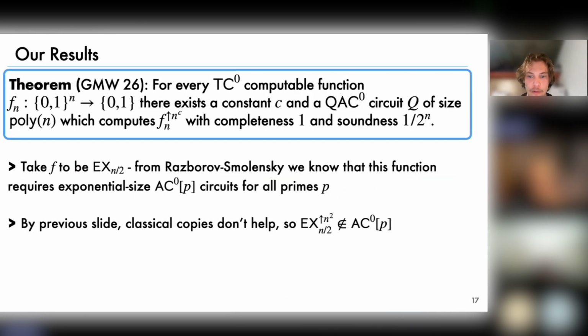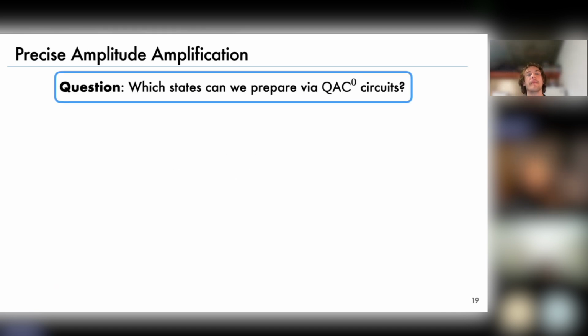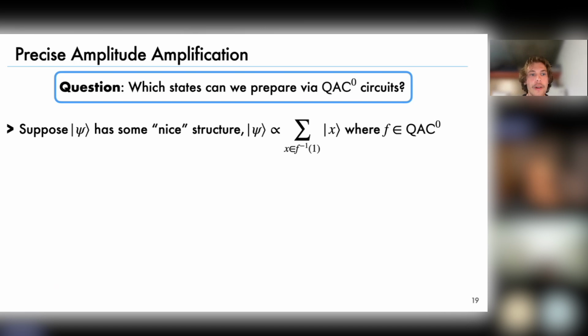Okay, so right. So we're interested in states now. And so what I'm going to say is, suppose psi is some state that has a nice structure. In particular, let's suppose psi is just a uniform superposition over the one inputs of some Boolean function. And further, suppose this Boolean function is computable in QAC0.